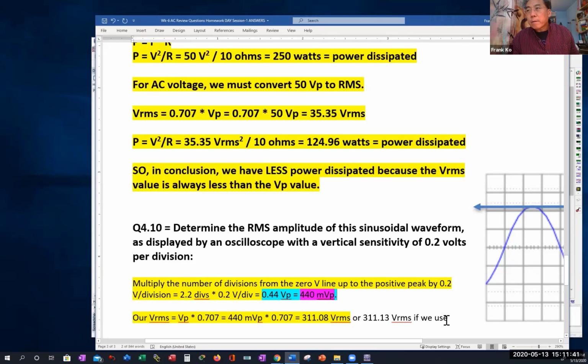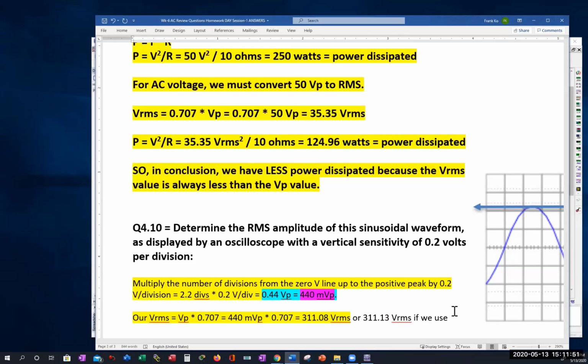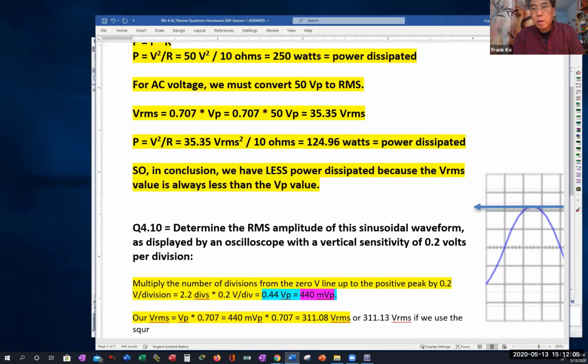Okay. Yeah, and for the final answer, I got my calculator said 311.08 millivolts RMS if we use 0.707, and it would be 311.13 millivolts if we use the square root of 0.5. Okay.